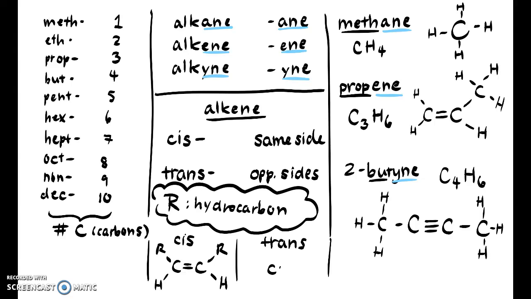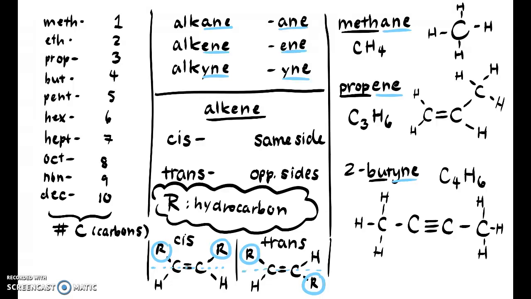And for trans, we have two C's, but here our R's are on different sides of the double bond, so we can't simply flip it and expect that the R's will be on the same side. So here what we're looking at is when we draw this dotted line through where the double bond is, whether the two R groups are on the same side or on either side of the line.